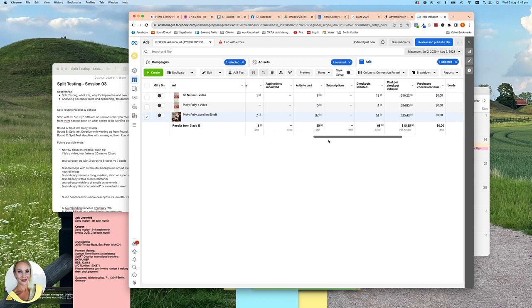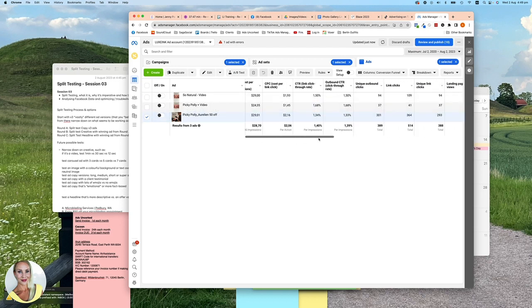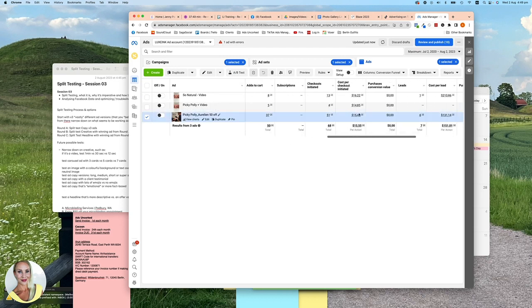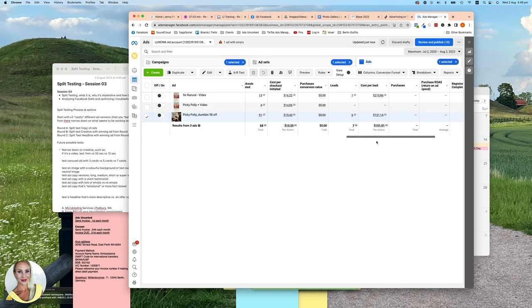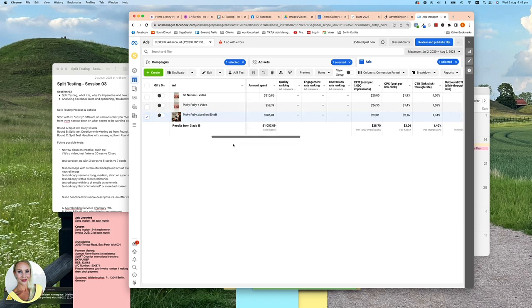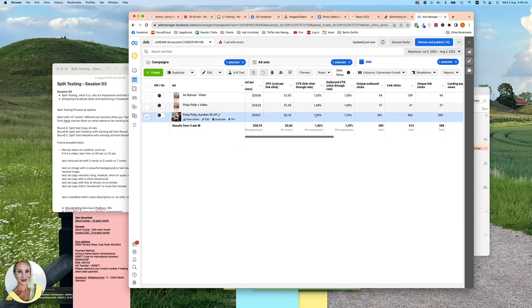Bookings. So if an ad has a lower click-through rate but is still generating a good or better cost per initiate checkout, or like in this case, a good cost per lead, then I just kind of ignore the click-through rate.